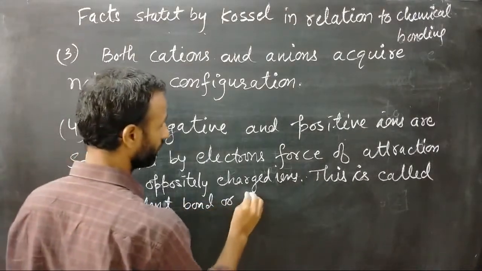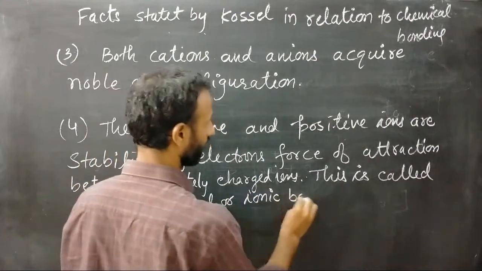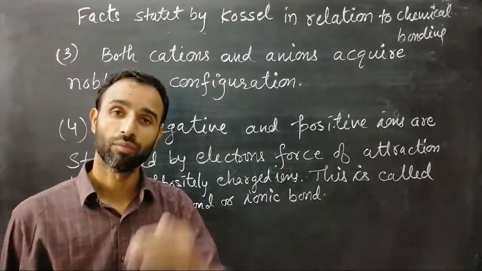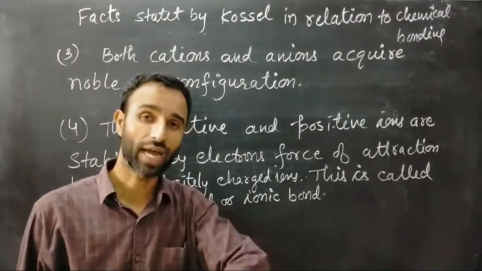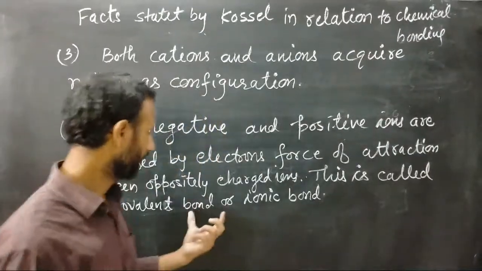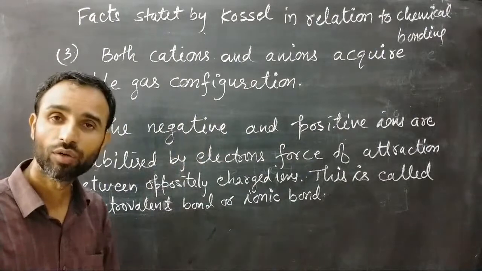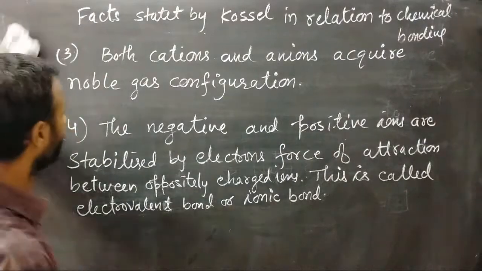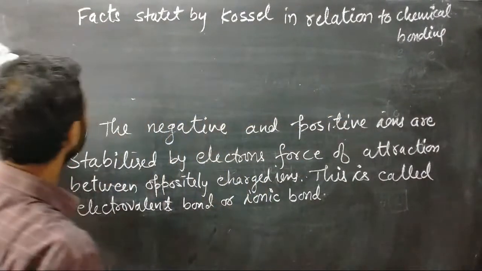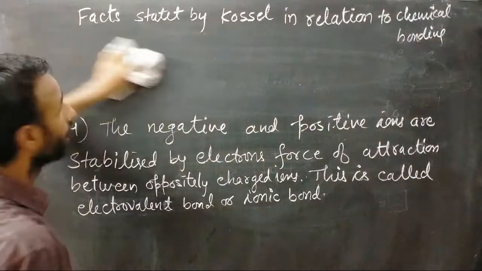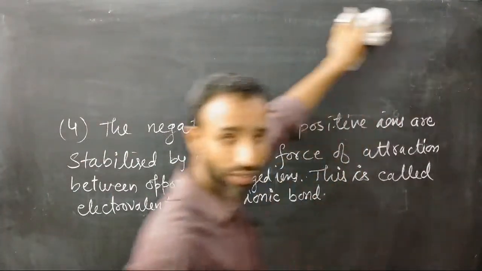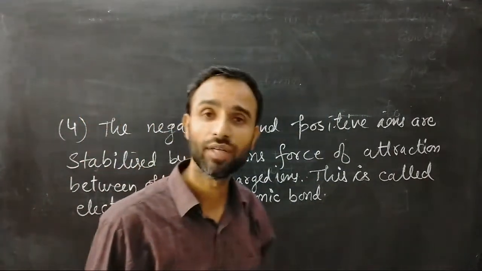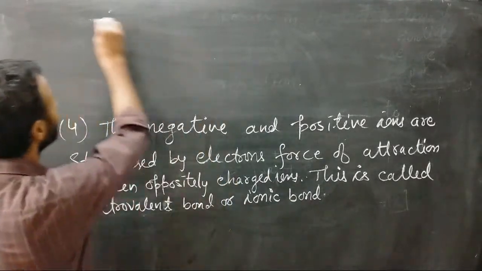Or we can say the force of attraction between positive and negative ion, between cation and anion, is known as electrovalent bond or ionic bond. So these are the facts stated by Kossel. Means Kossel gives us information about the ionic bonding between the atoms after formation of cation and anion, and electrovalency.